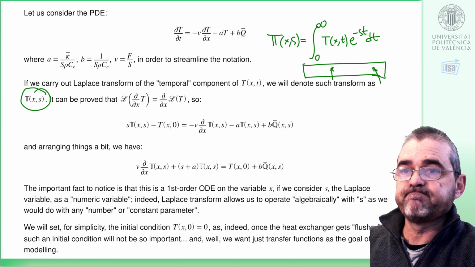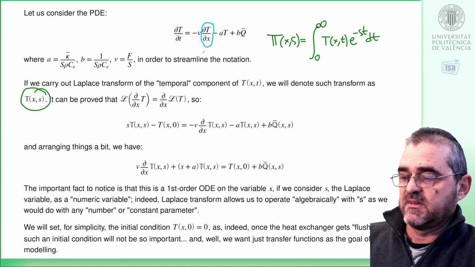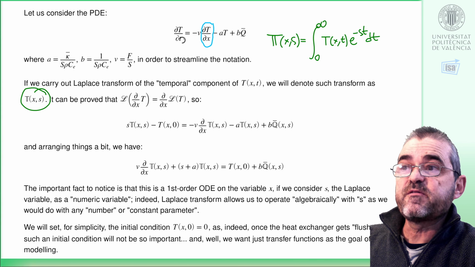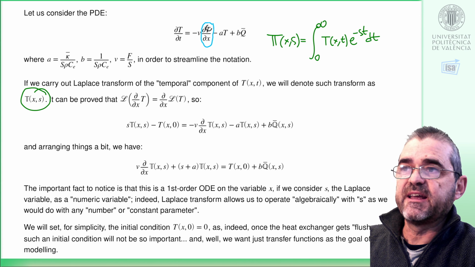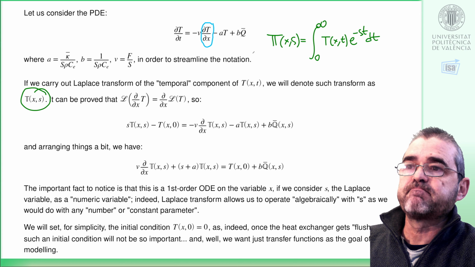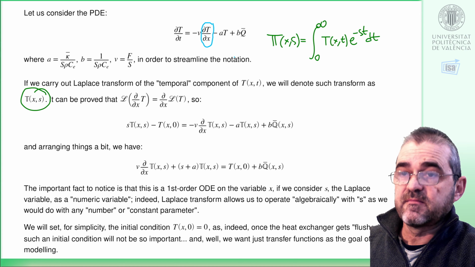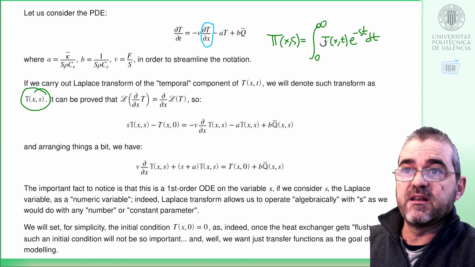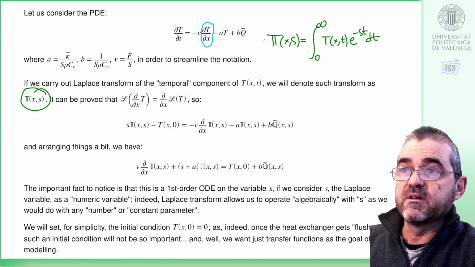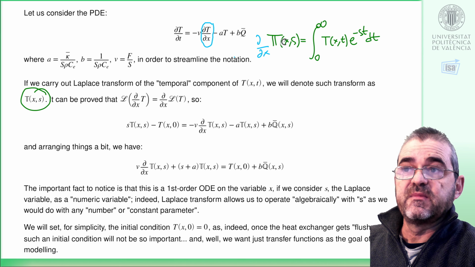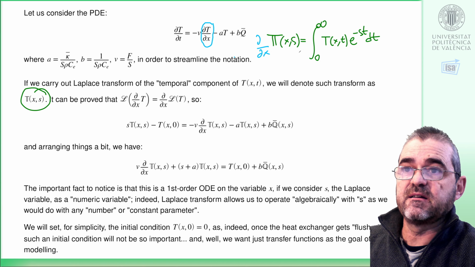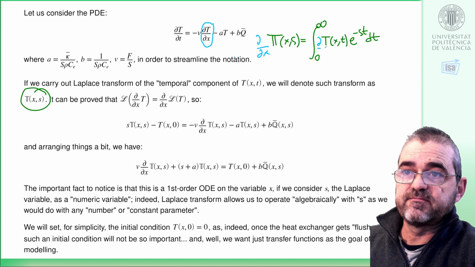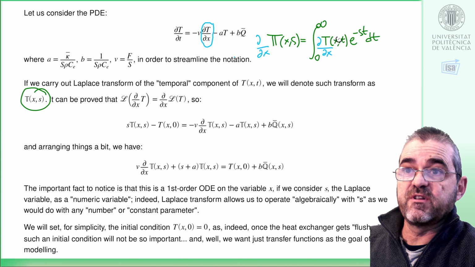and the Laplace transform will of course encode the time dependence. The next important step is realizing that we have the time derivative, but we also have the space derivative. So how do we get the Laplace transform of this? Well, fortunately, as x does not take any part in this integral, we can easily realize that if we take partial derivatives with respect to x in here, this amounts to just taking partial derivatives of this function of x inside the integral.